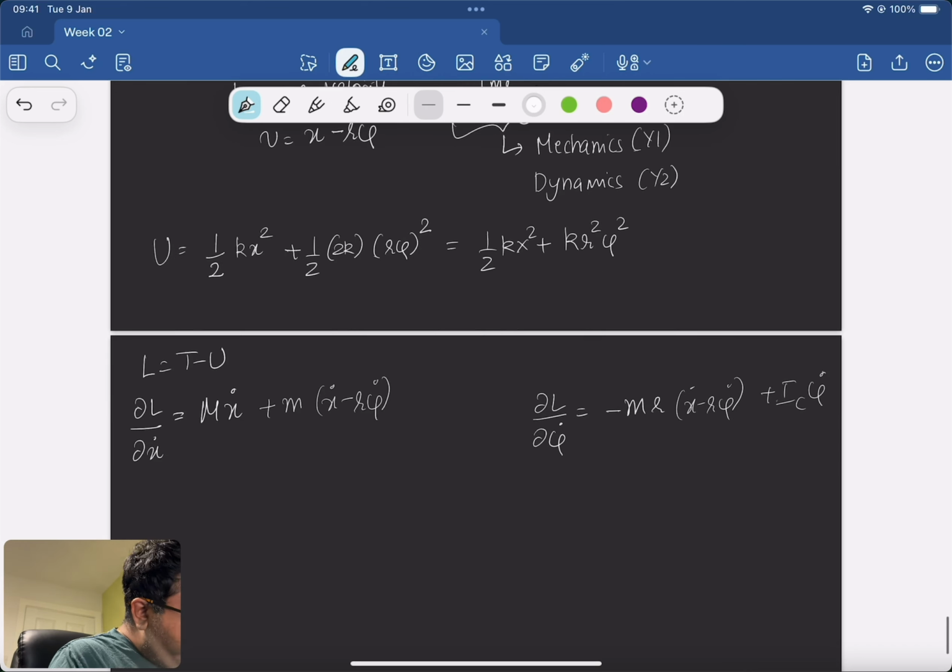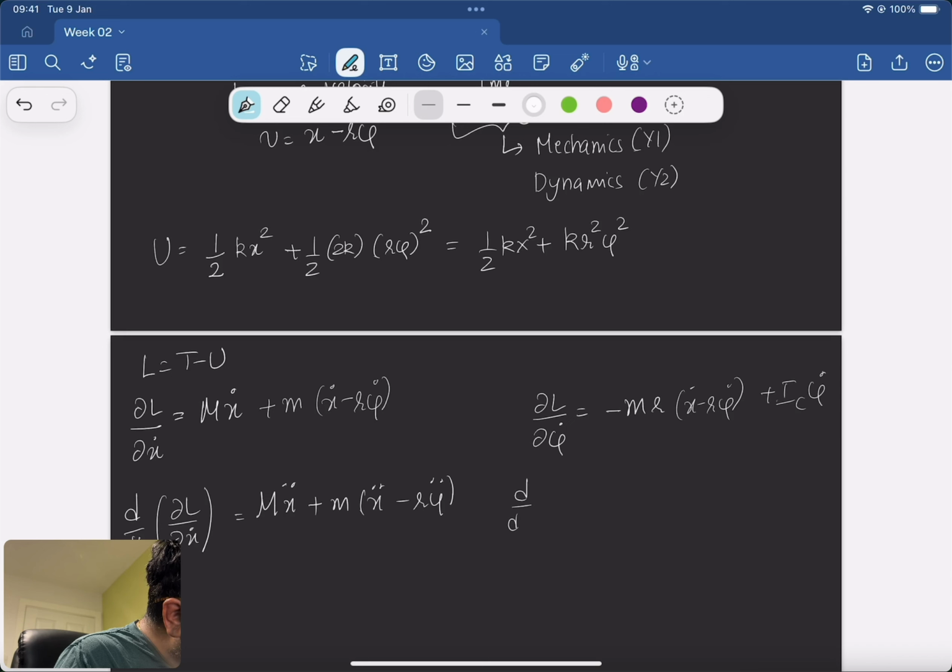Okay. So now I can further write the second term, d by dt of dou L by dou x dot, is nothing but m into x double dot plus m into x double dot minus r into phi double dot. Similarly, d by dt of dou L by dou phi dot is equal to r into x double dot, r phi double dot plus Ic into phi double dot.